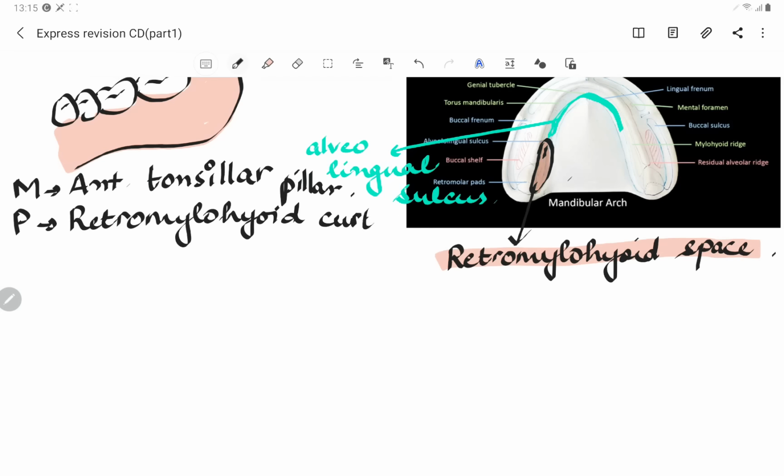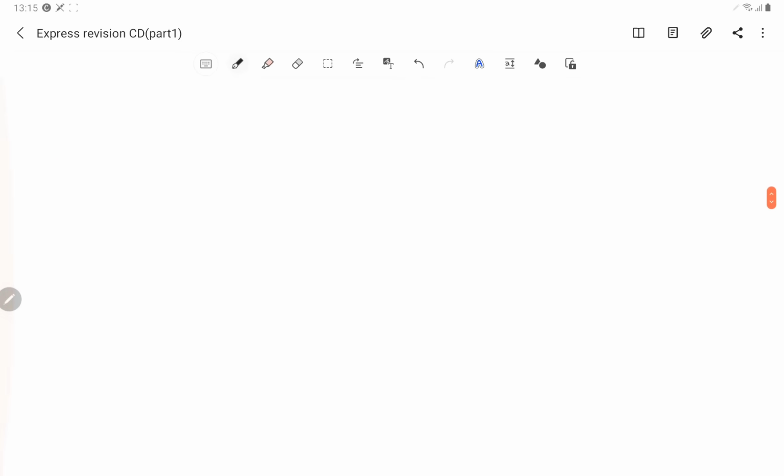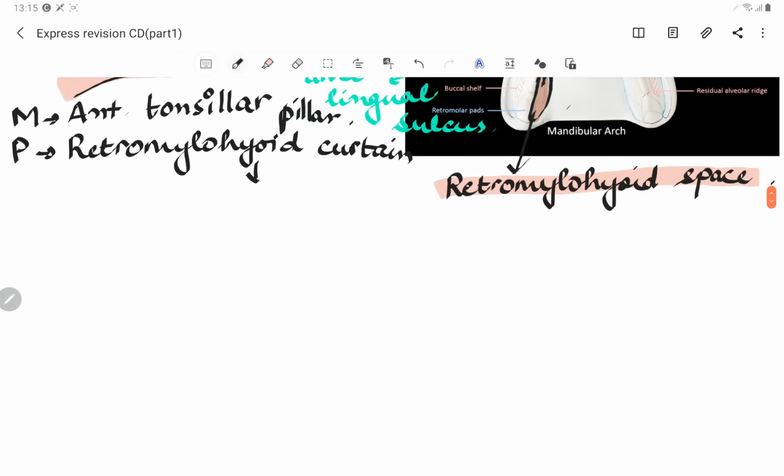Now understand this: first of all we have got the retromylohyoid space, and posterior to this space is the retromylohyoid curtain, and posterior to the retromylohyoid curtain is the retromylohyoid fossa, right.